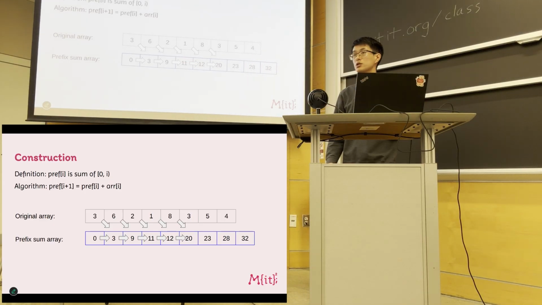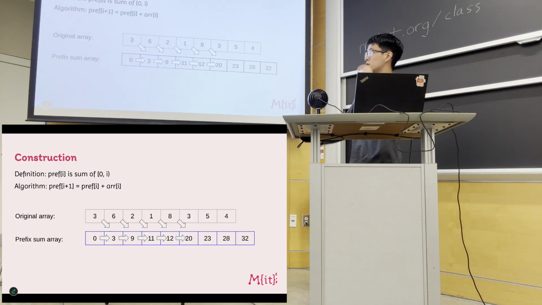So we can construct our prefix sum this way by doing prefix of I plus 1 is the previous prefix sum plus the current element. This allows us to build our prefix sum efficiently in O of n time, since we're just iterating through the array, adding the previous prefix and the current element each time.